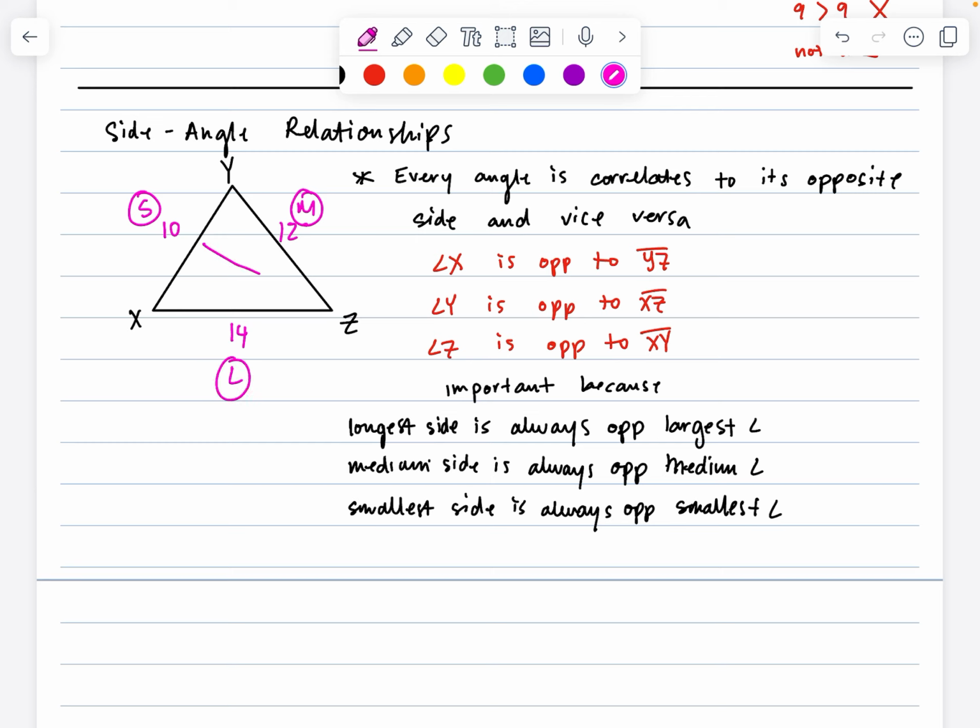The opposite angle of 10 would be Z, and that would be the smallest angle. The opposite angle of 12 is X, which would be the medium angle. And then the largest angle would be opposite the largest side, which would be Y, and vice versa. So that is important to break apart.